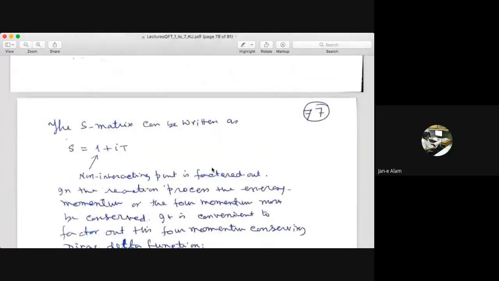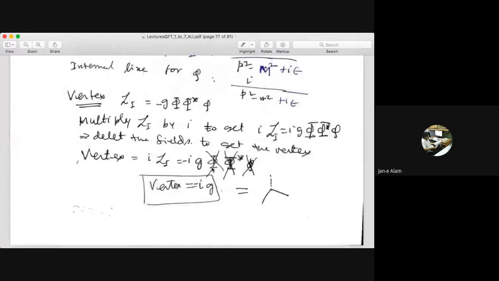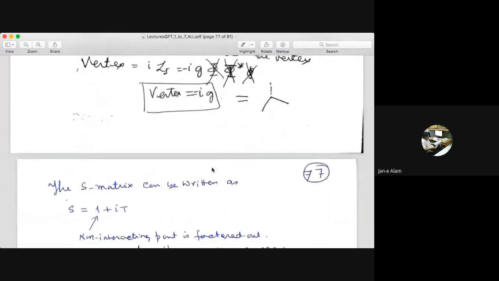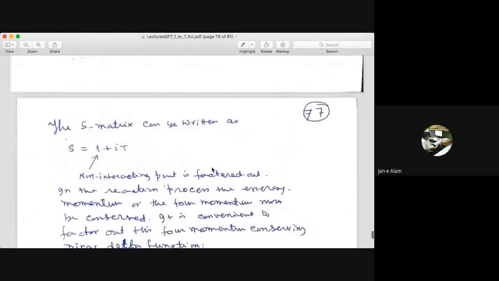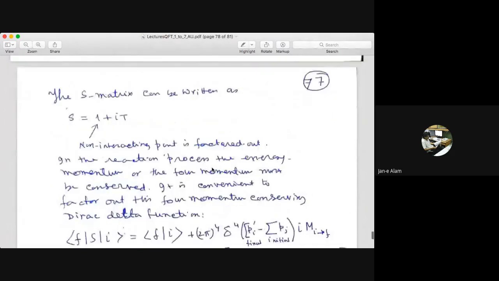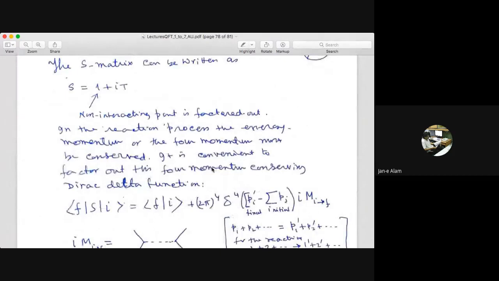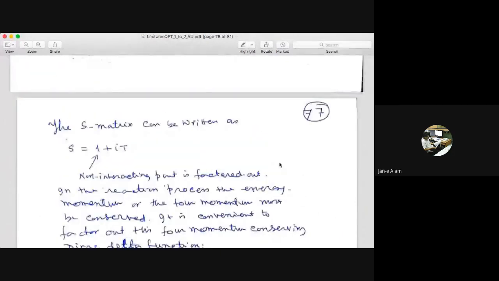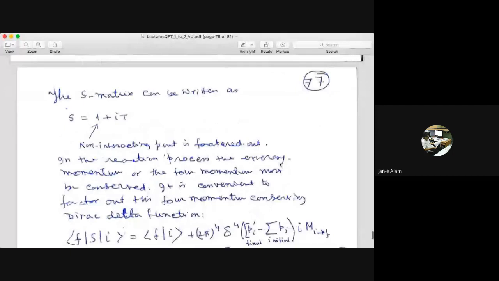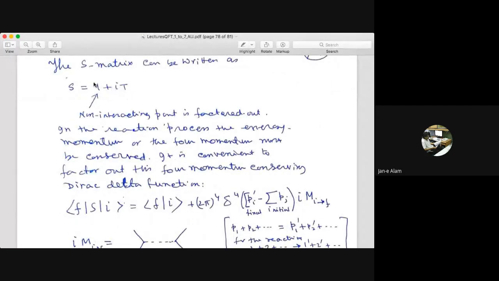Okay. Now, I want to calculate a vertex. Let us see how I can do it. The S matrix, as I said, I can always write as S equal to 1 plus iT. Why this one? As I said, when 2 particles are approaching each other, there is a possibility they will not interact, so that will give you nothing, 1.